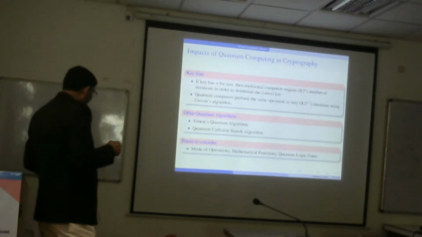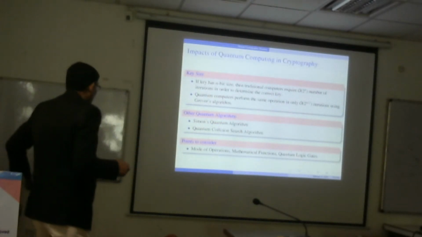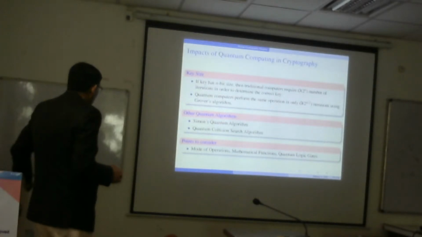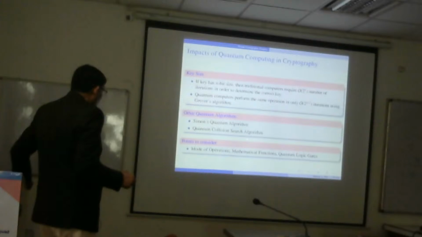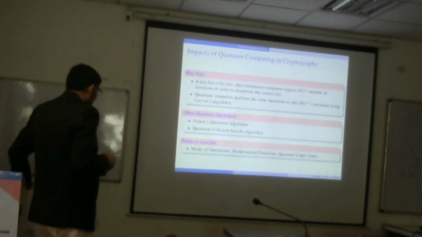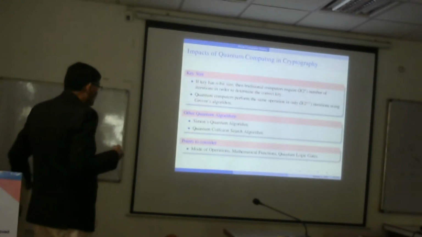Then we have other algorithms like Simon's algorithm, and the quantum collision search algorithm. But some additional things also play an important role while implementing, like how many quantum logic gates are required.